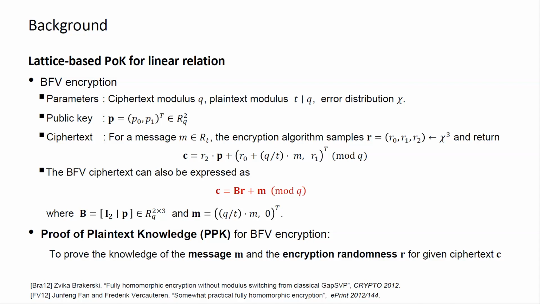This formula can be a bit complicated, but it can also be expressed as C = BR + M if we define B as the concatenation of the identity matrix and T, and the vector M as follows. The proof of knowledge for this relation in BFV encryption can be regarded as proof of plaintext knowledge. The goal is to prove the knowledge of the message and the encryption randomness R for a given ciphertext C.